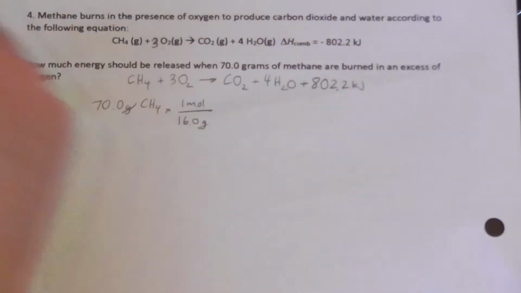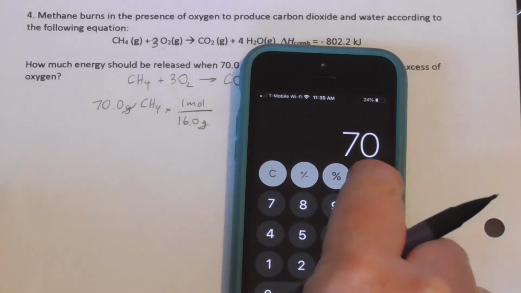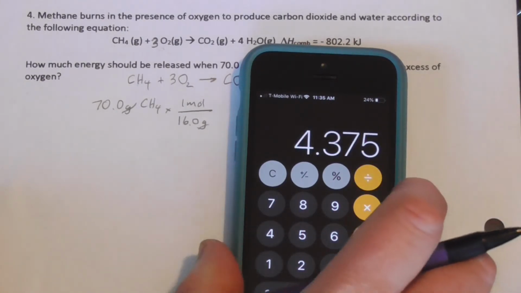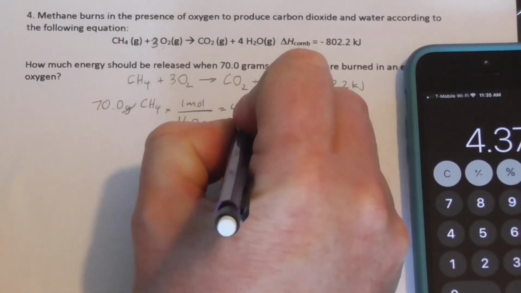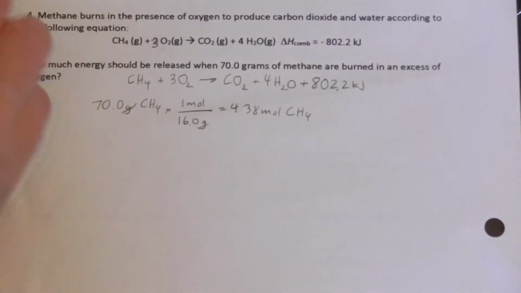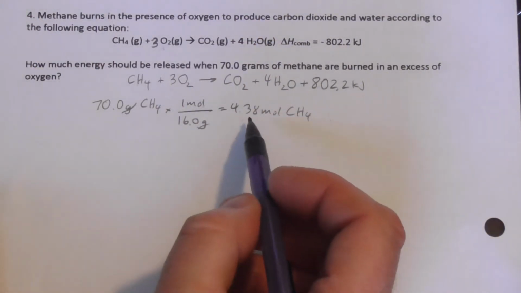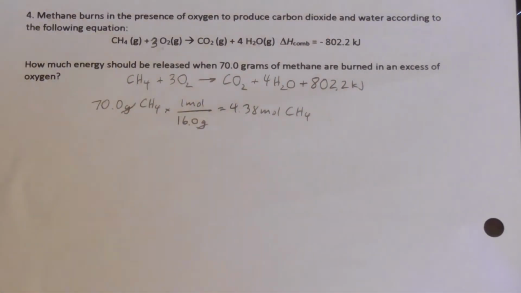So, 70, my units cancel out. I have 70 divided by 16, 4.38 approximately moles of methane. All right, now, what do I do with that? It's saying how much energy should be released in this particular situation.